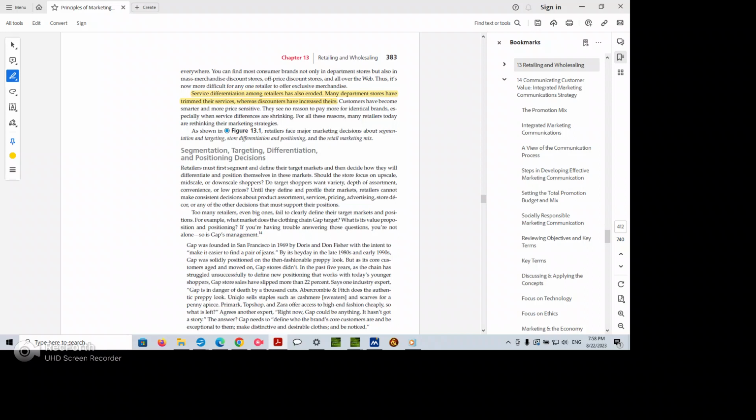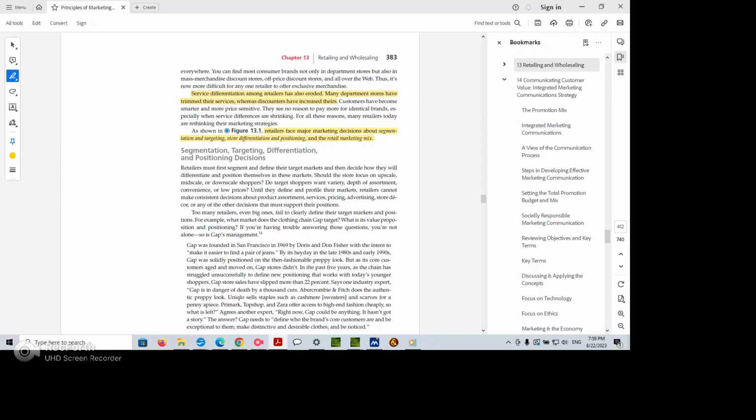Before I go into detail, I'm just going to talk about what you're going to see below, which is that retailers face major marketing decisions about segmentation and targeting, differentiation and positioning, and the retail marketing mix.